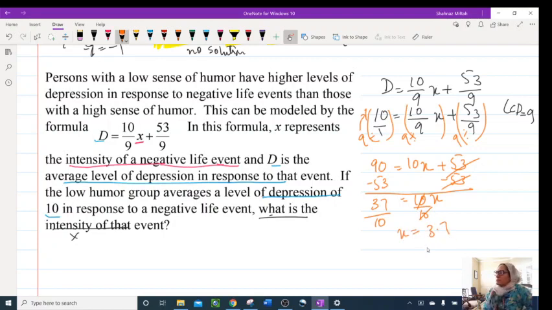So the intensity of the event, always write the interpretation of the answer. What does that mean? What is 3.7? I know it's the intensity of that event, so just write it down somewhere. It's 3.7 intensity.